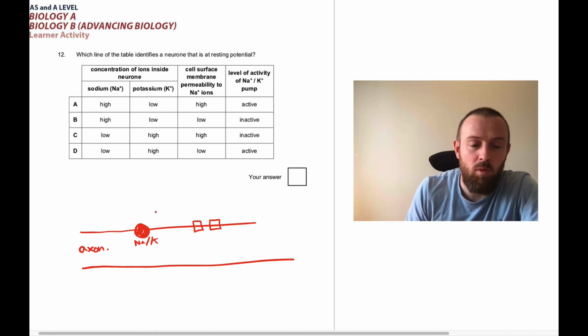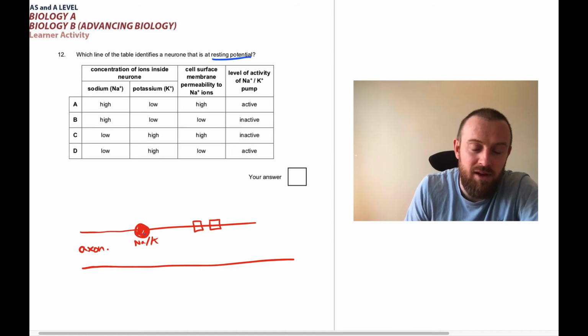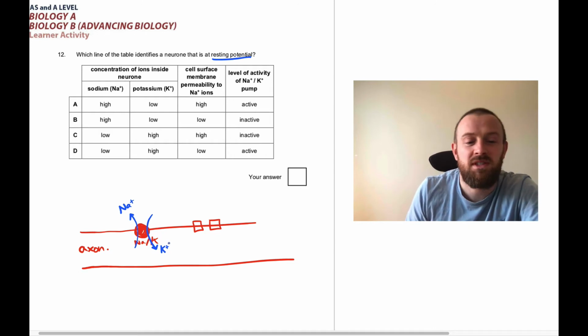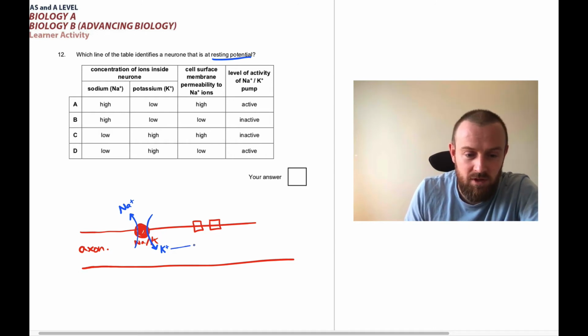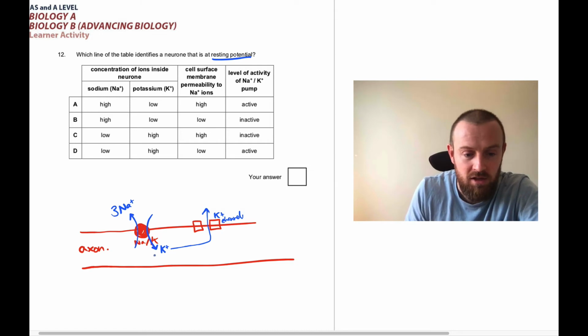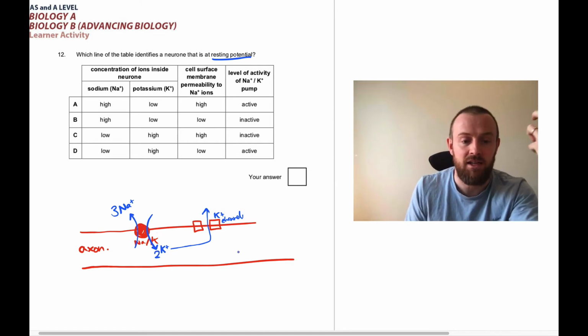Okay. Now remember what happens at resting potential. The sodium-potassium pump pumps sodium out and potassium in. Some of the potassium can exit via K+ channels, contributing to the negative polarization, because actually 3 sodiums go out for every 2 potassiums that come in. So this is why the inside is negatively charged.